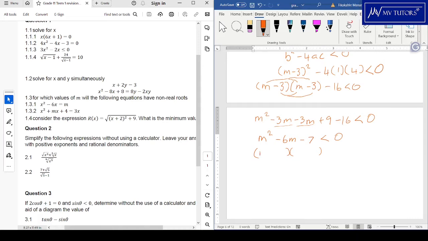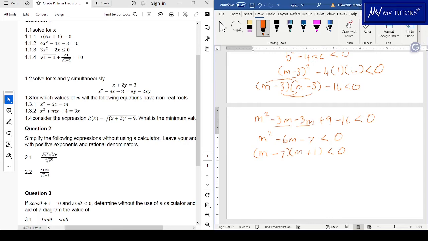I'll put an m on both sides, and then to get minus 7, I multiply 7 and 1, and then watch this. To get minus 6, I add minus 7 plus 1. All of this must still be less than 0.